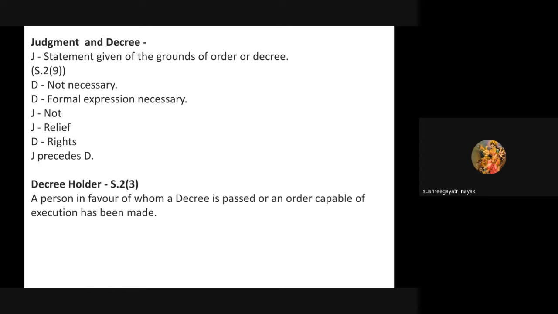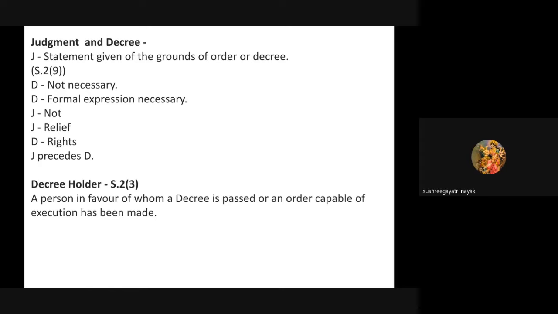A decree is a formal expression of an adjudication after hearing both the parties on merits, and the operative part, determining the rights of the parties, is the decree. In a decree, the formal expression is absolutely necessary, but in a judgment, formal expression is not necessary. In a judgment, the reliefs are decided, and in the decree, the rights of the parties are decided.